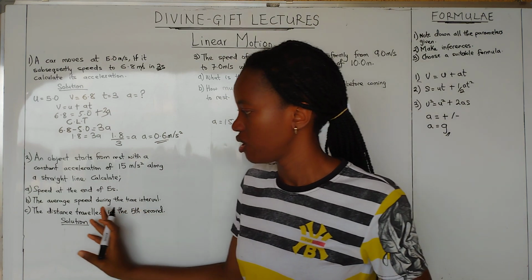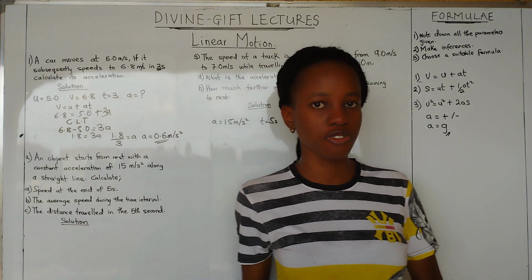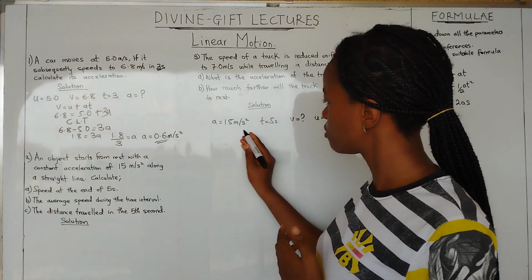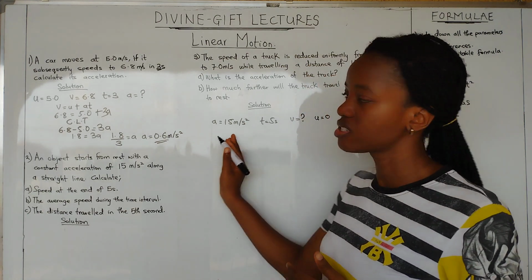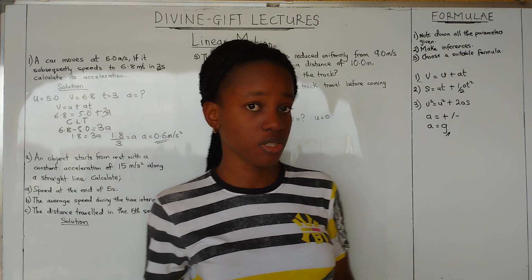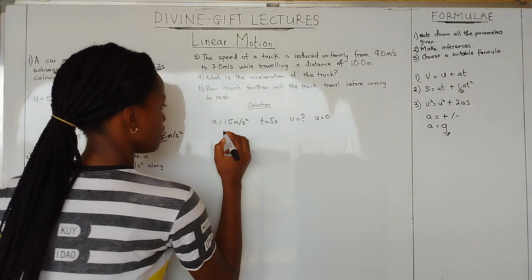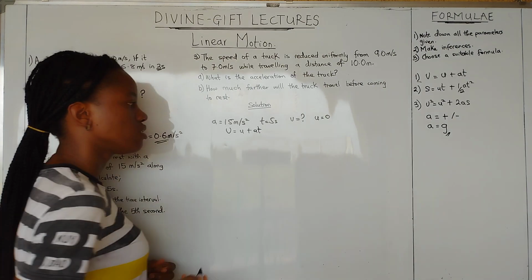Now we are going to go over to the third step, which says we should choose a suitable formula. So now we are going to see which formula has all these things in it. And we are going to find out that again, it is formula number 1. So that will be V equals U plus AT. So then we start solving.